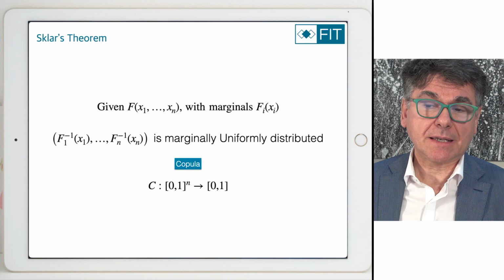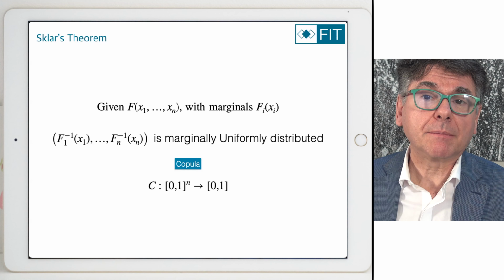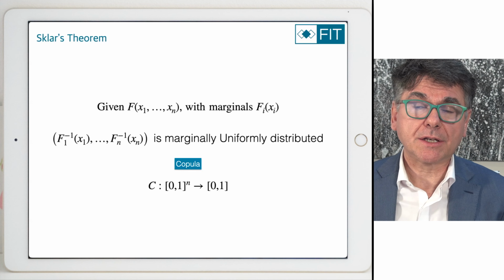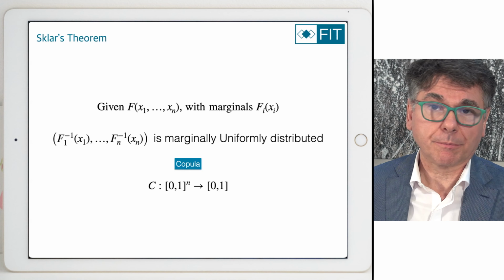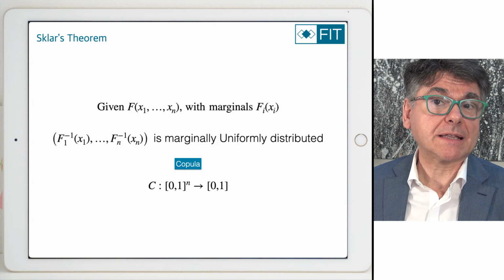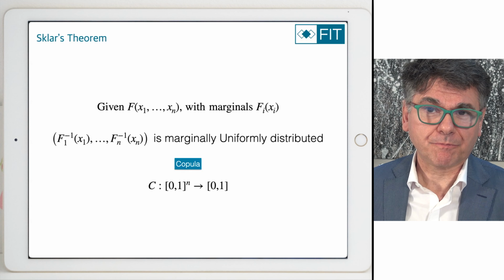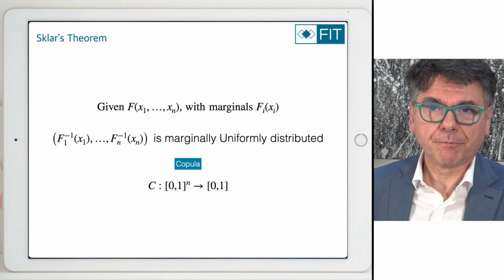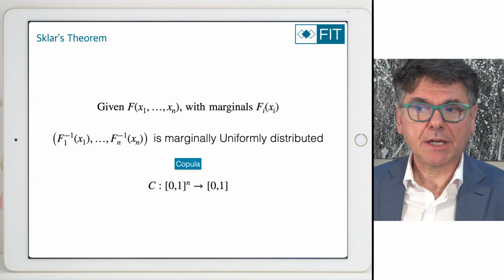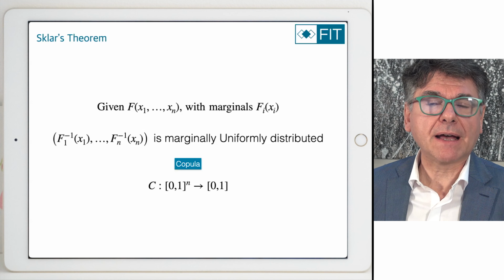But this will be a map between the unit cube and 0, 1, as we explained earlier. What map is that? Well, no one knows. But what we know is that this map explains the dependent structure of that distribution. And this is what's called the copula. This function between the unit hypercube and the unit interval is the copula, and it defines the dependent structure.